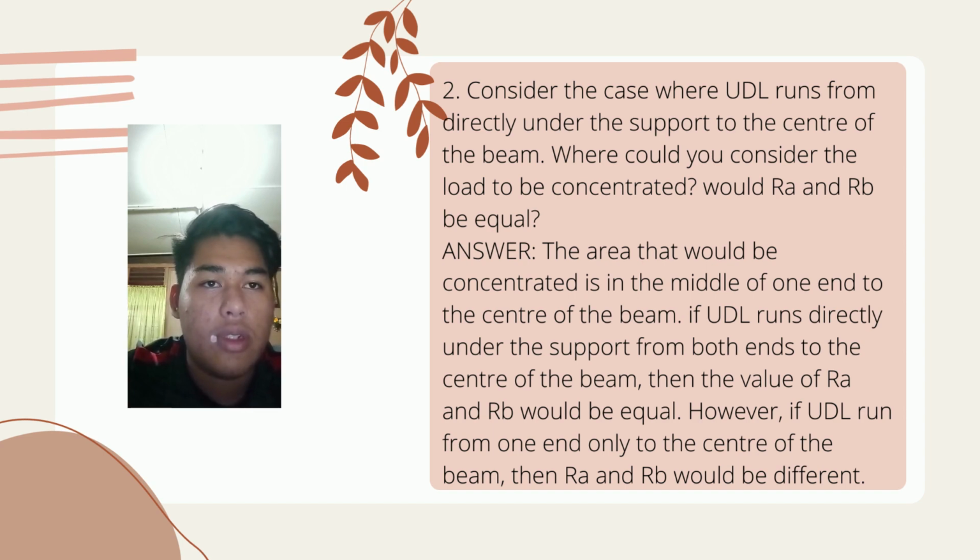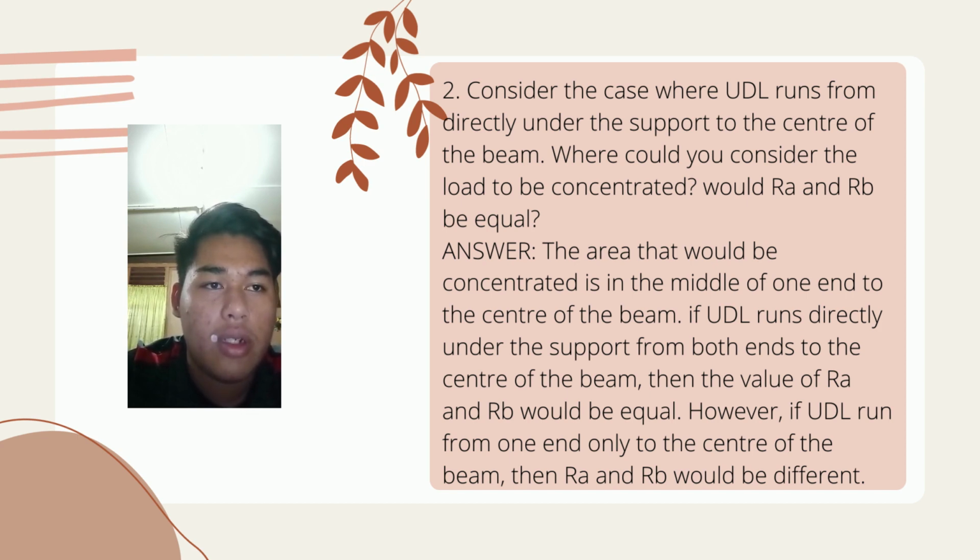So the next question is consider the case where UDL runs from directly under the support to the center of the beam. Could you consider the load to be concentrated? Would RA and RB be equal? So the area that will be concentrated is in the middle of one end to the center of the beam.